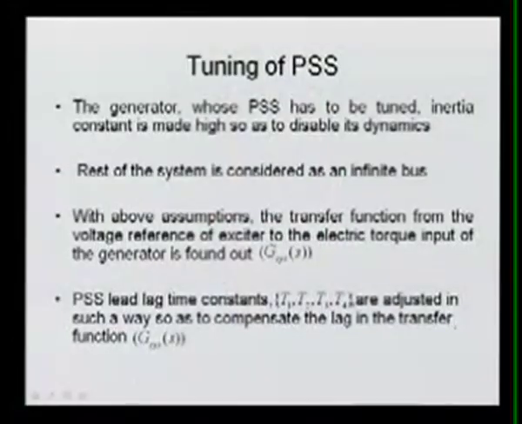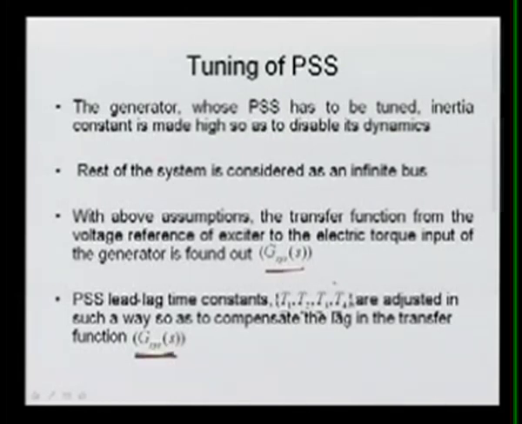With these two assumptions, the transfer function from the voltage reference of the exciter to the electric torque of the generator is found, called GSYS, the G system. The PSS lead-lag time constants T1, T2, T3, T4 are adjusted in such a way as to compensate the lag in the total system transfer function.